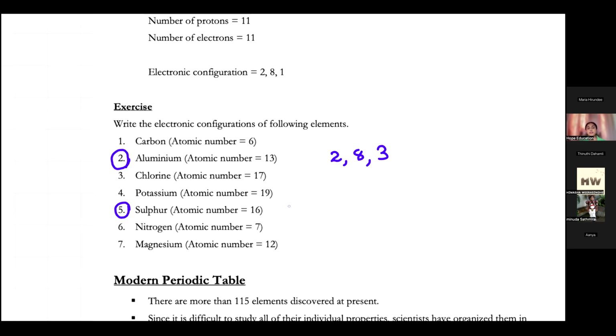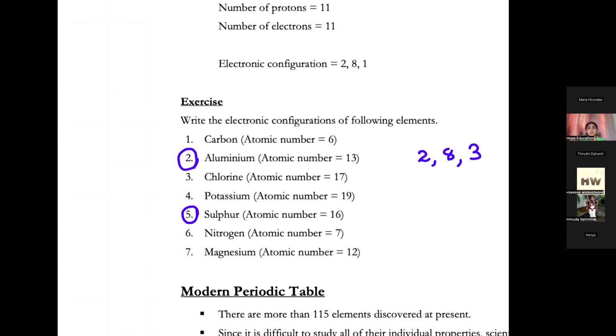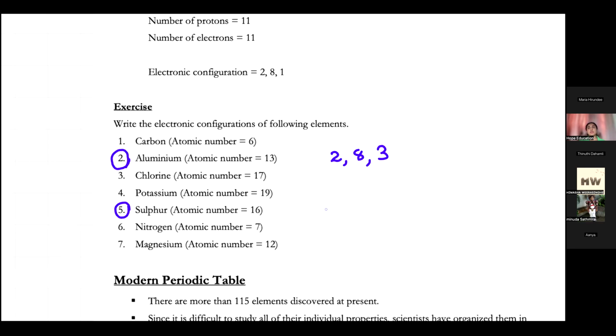If you take sulfur, yes. Atomic number is 16. 16 means proton 16, electrons also 16. First energy level, 2. 16 minus 2 is 14. Second energy level, 8. 14 minus 8 is 6. That 6 will go to the third energy level. So it's 2, 8, 6. Good.